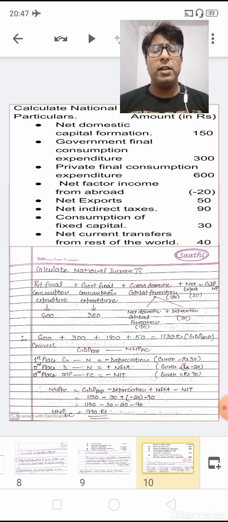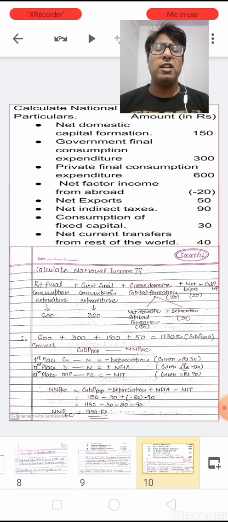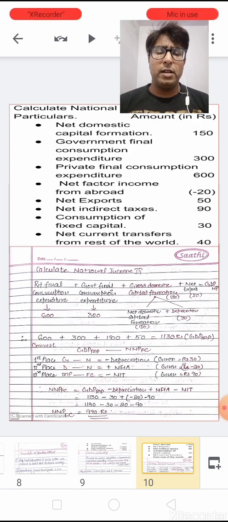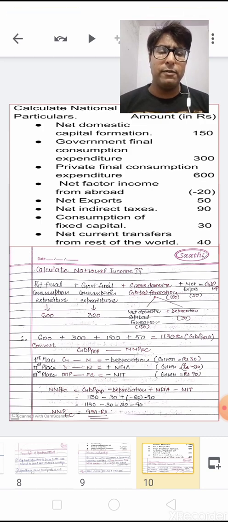And children, we already know that if net domestic capital formation value is given, and we want to reach from net to gross, then we have to add the depreciation to the net value, and we will get the value of gross. So here, as net domestic capital formation is given as 150, we add the depreciation, and it becomes gross domestic capital formation of 180, and net export is given as 50.